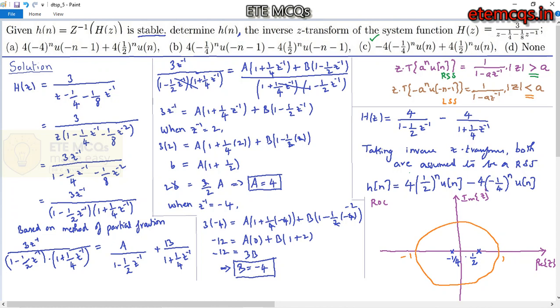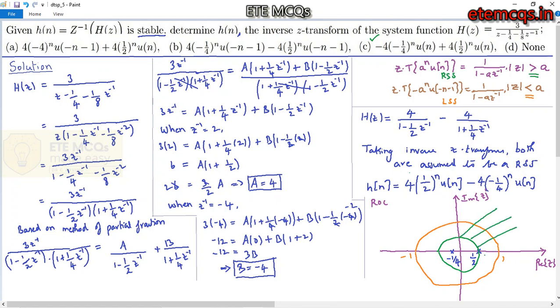Now for this problem, it is very clear that both the terms correspond to a right-sided sequence. So for this term, you will have the ROC outside 1 by 2, and for the second pole, minus 1 by 4, you will have the ROC outside minus 1 by 4. So the overall ROC will be outside 1 by 2. So you will have the resulting ROC as a circle of radius 0.5 has to be drawn, and your region of convergence will be outside this circle.